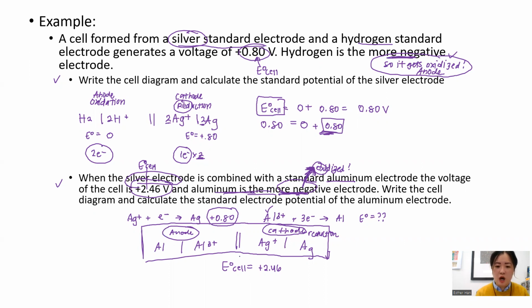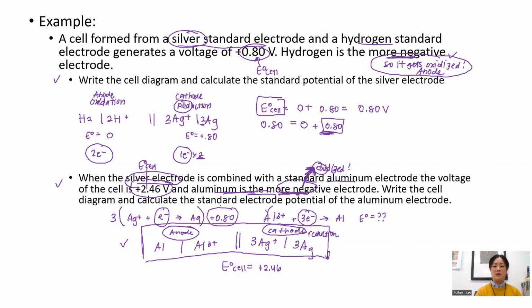After you have your cell diagram written out, quick note, my diagram isn't completely correct, because notice here for aluminum, we are dealing with 3 electrons moving. For silver, we only have 1. So we need to take our reaction and multiply it by 3.